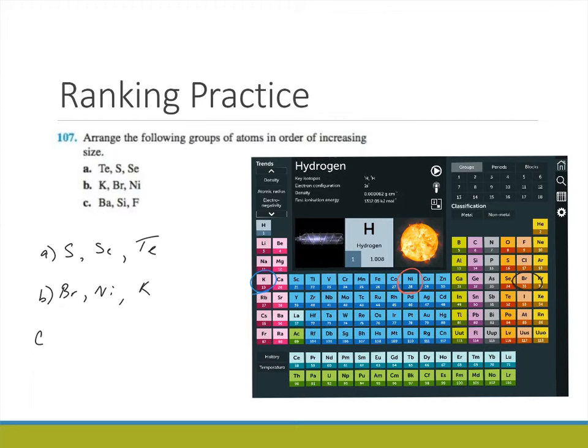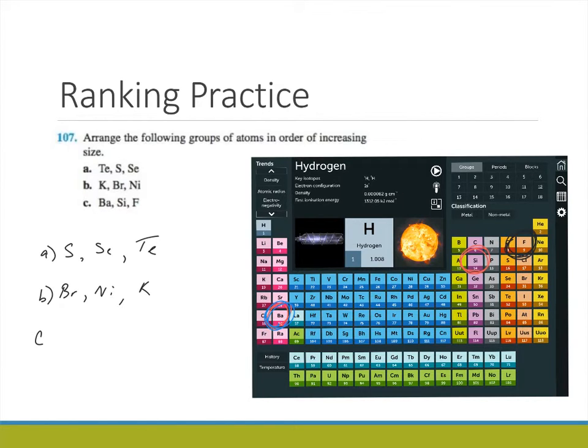All right, and in C, the elements we're looking at are barium, silicon, and fluorine.